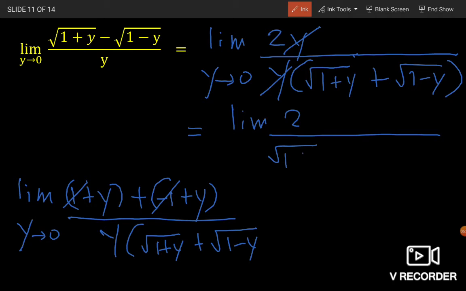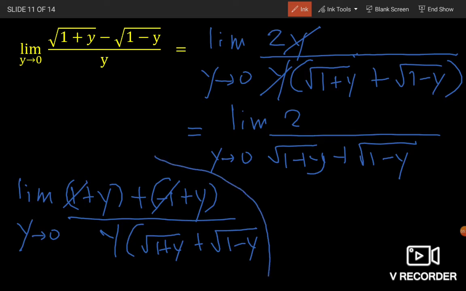So now you have the limit of 2 all over square root of 1 plus y plus square root of 1 minus y as y approaches 0. Now, substituting y equal to 0, you will get 2 divided by square root of 1 plus 0 plus square root of 1 minus 0.